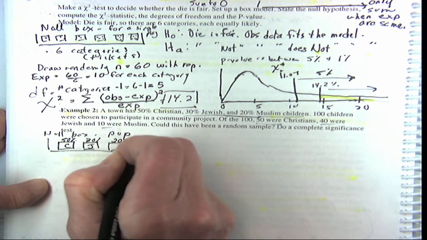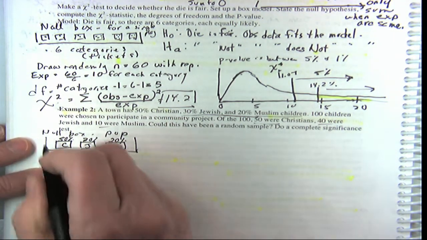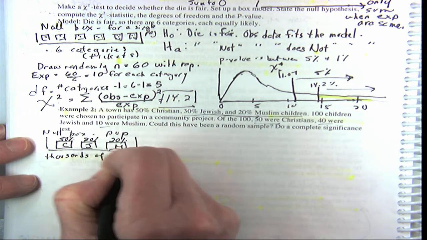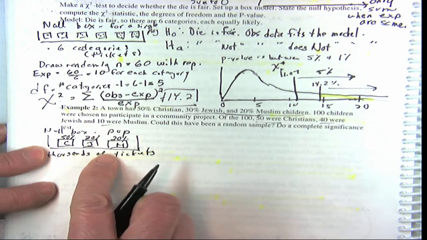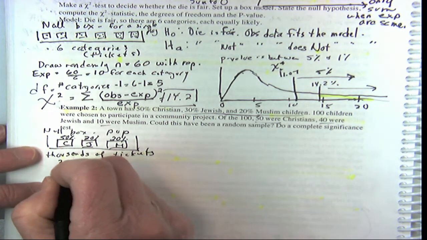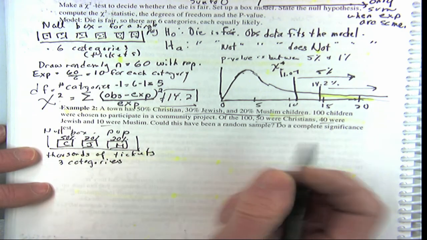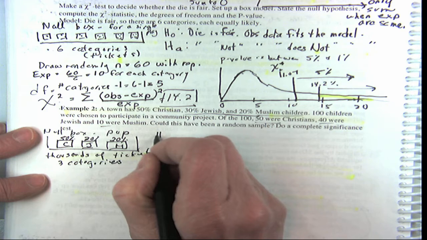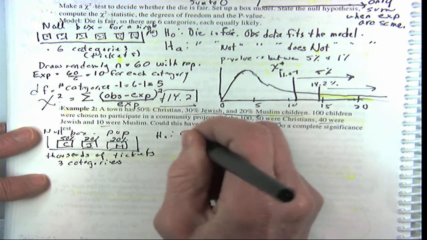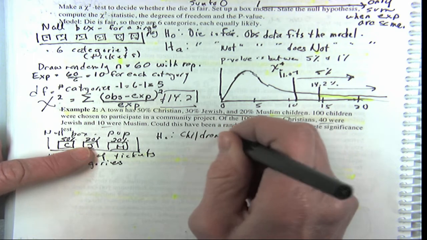So we have three categories, and let's say the town had thousands of people, so we're going to have thousands of tickets. But we have three categories. Now we're going to sample. So what's our null? Our null is that the children were randomly chosen from this box.